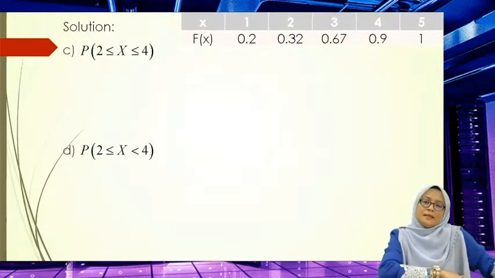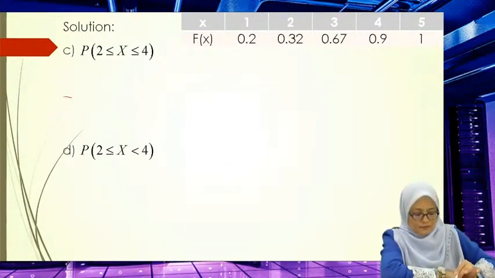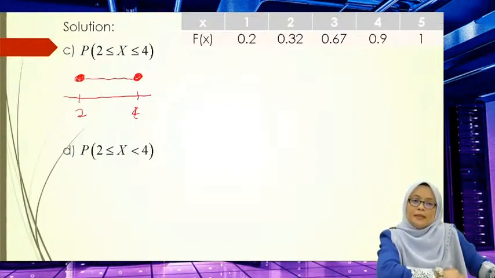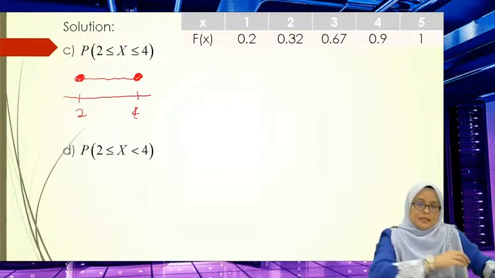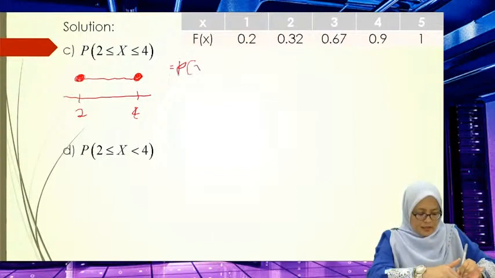Okay, so then C, probability X is in between 2 to 4. So here is 2, so ini 4. Okay, so 2 is include, so circle, 4 is also include, then circle. So itu nilai probability yang kita nak cari. Okay, so kita punya konsep ambil nilai sebelah kanan yang termasuk dalam kita punya number line. So means that kita akan ambil probability X less than or equal 4.